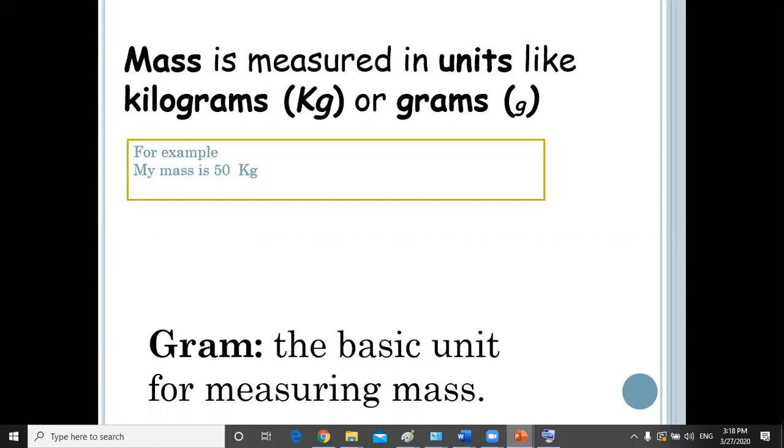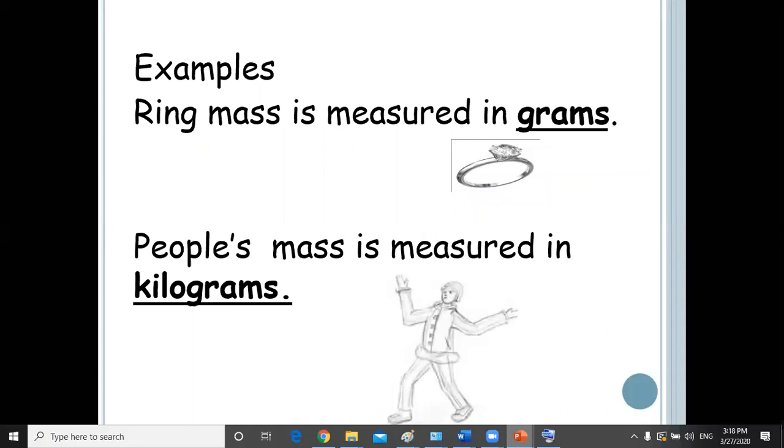Because a balloon is very, very light, not like you. For example, if you want to measure the mass of a ring, we use grams. But people's mass is measured in kilograms. You have to know that.